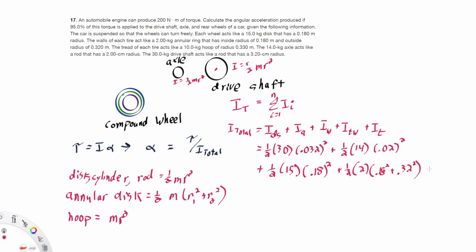And then lastly, the tread, which is just mr squared. So 10 times 0.33 squared. And then last consideration, there are actually 2 wheels. So this whole thing needs to be multiplied by 2.